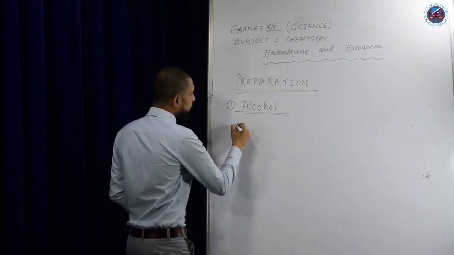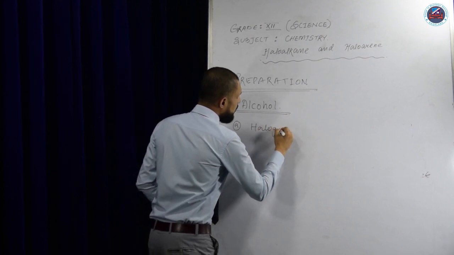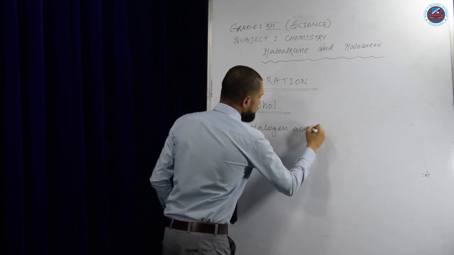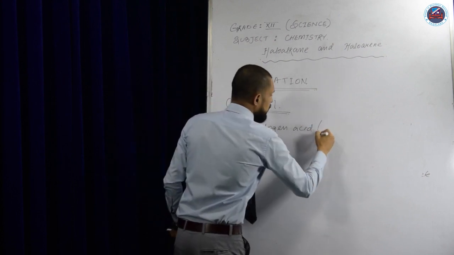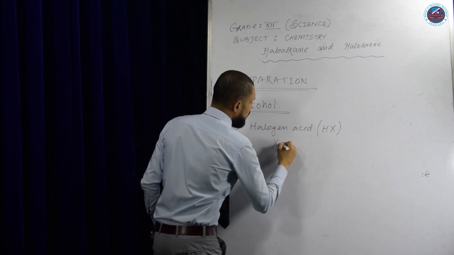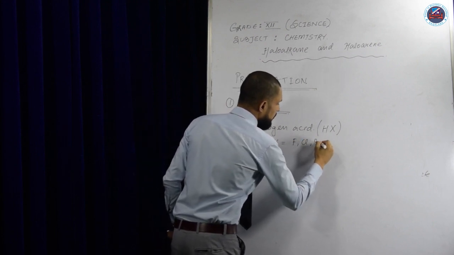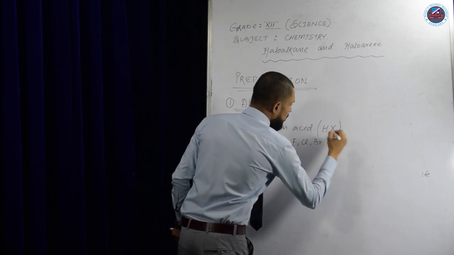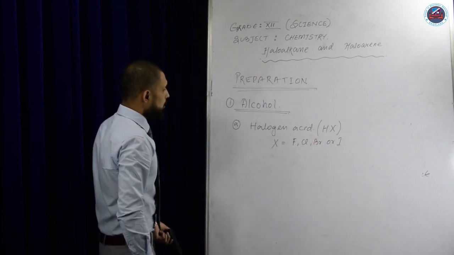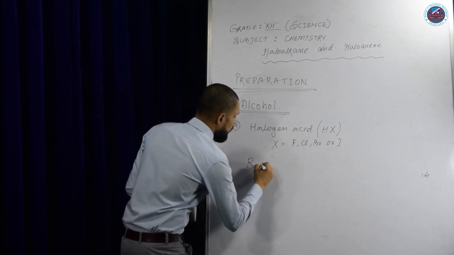So let us take the first reagent, that is halogen acid, HX, where X is F, Cl, Br, or I. Let us take a reaction, that is ROH.